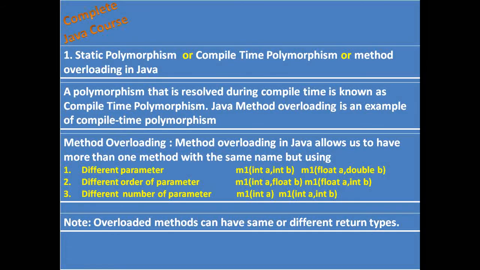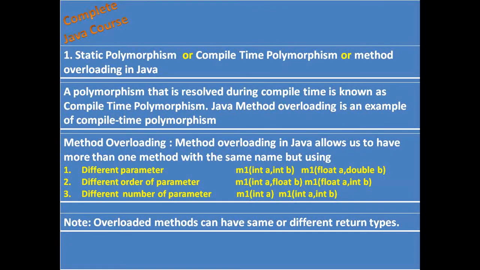Note: overloaded methods can have the same or different return types. This m1 method can return the same type as the other m1 method, or it can have a different return type, but the return type doesn't matter in method overloading.